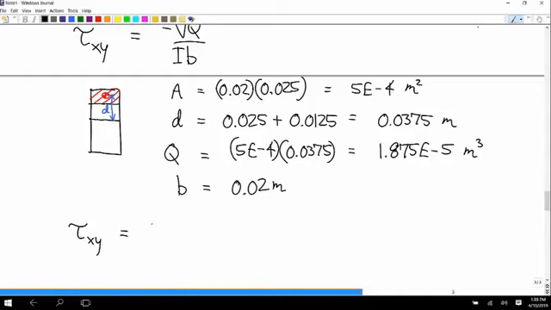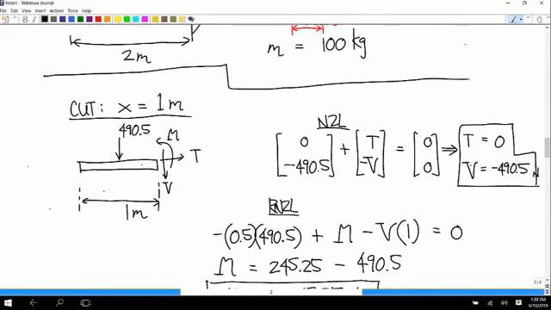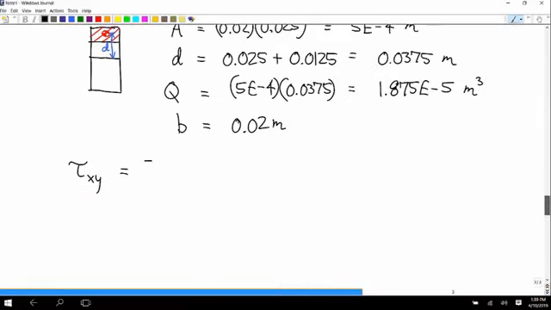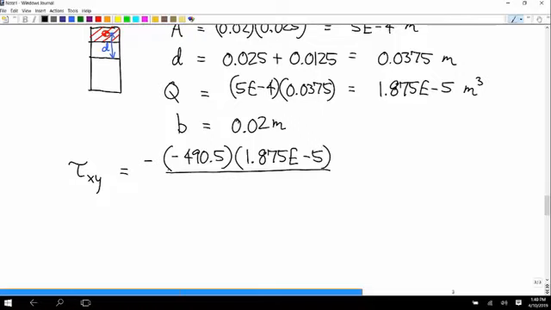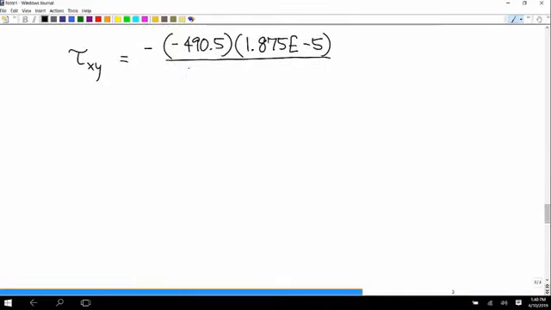Tau xy is equal to negative shear force, so negative of negative 490.5 times Q, 1.875 times 10 to the minus 5th, divided by I, 1.6 repeating times 10 to the minus 6 times B.